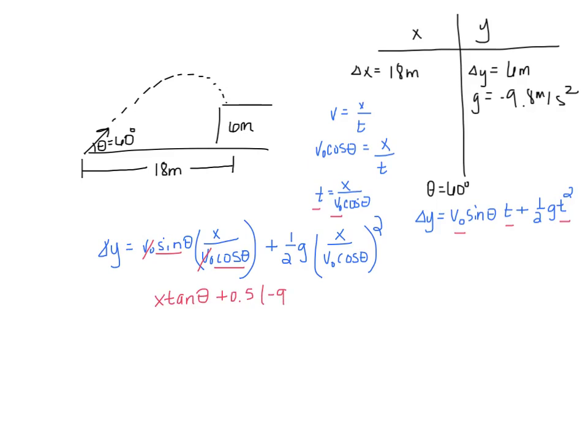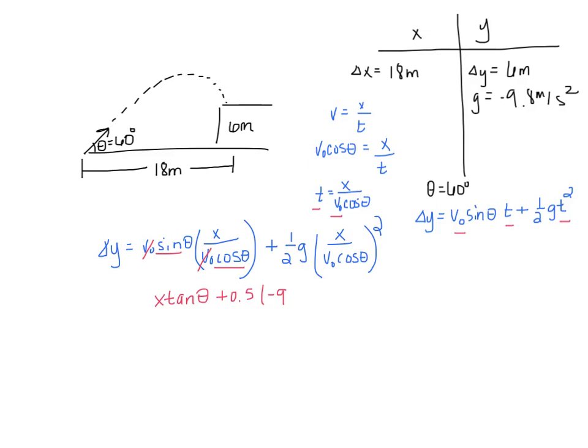Remember that this is a g. And when you have something that's in a fraction and that's being squared, you need to make sure that you're squaring every single thing. So that becomes divided by v naught squared times cosine squared theta.